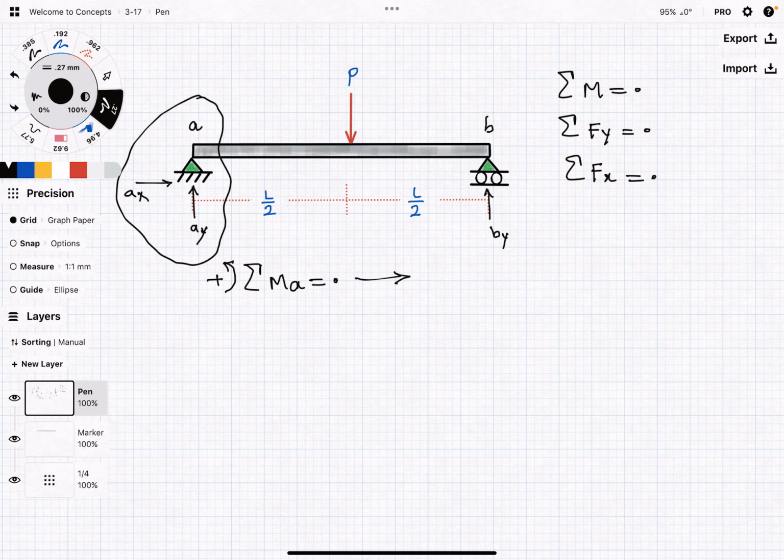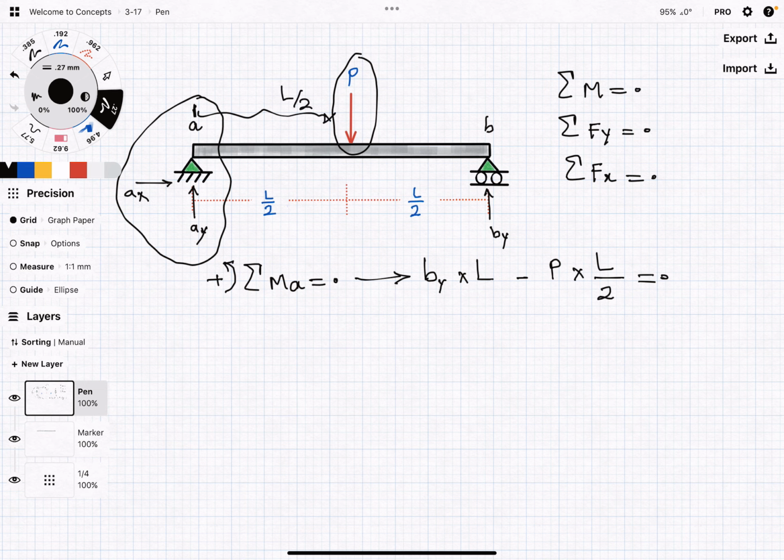So we can say that B sub y times L minus P times L divided by 2 should be 0. You see, point load is here. Its distance from the support is L divided by 2.